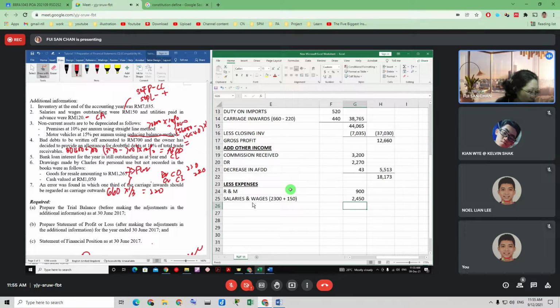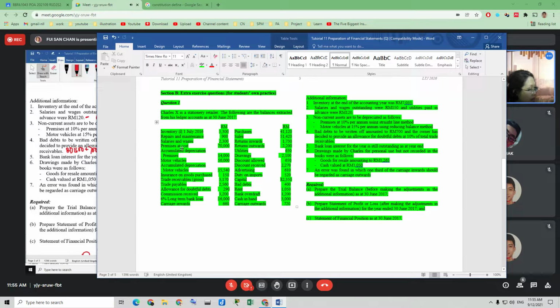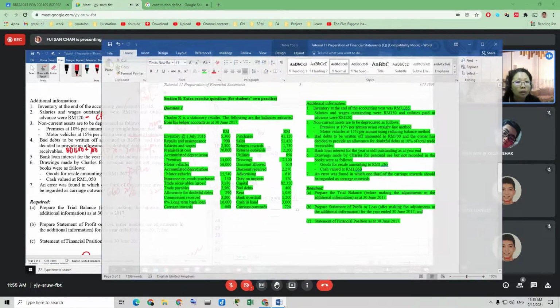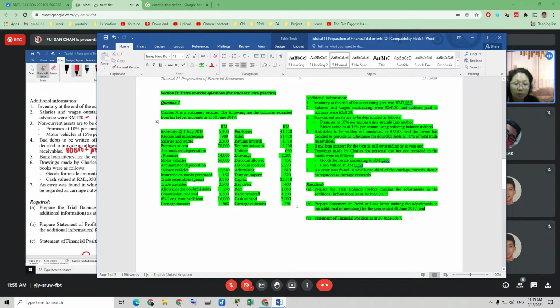Okay. And then we have carriage, utilities, depreciation. Yeah, depreciation also. Okay, later that one. Okay, utilities. Oh, we need to make adjustment also, right?